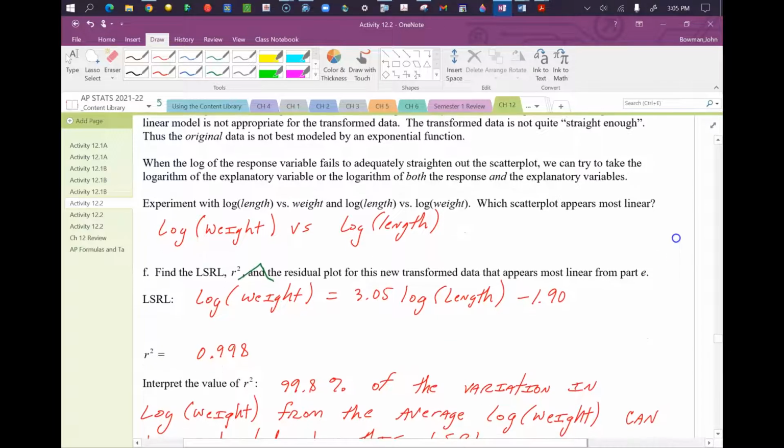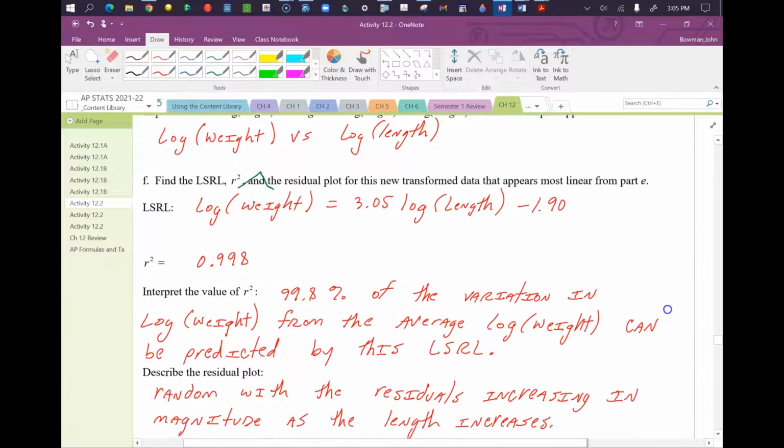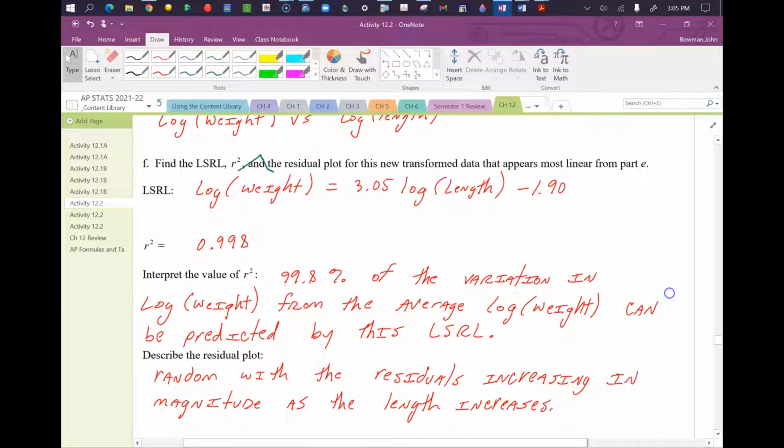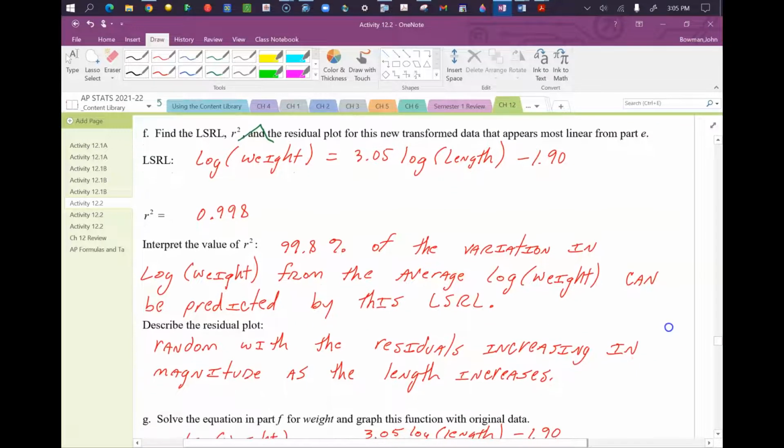If we were to interpret that r-squared value, we would say 99.8% of the variation in the log of the weight can be predicted by this least squares regression line. And if you look at the residual plot, it's random with a little bit of increase in the magnitude of the residuals as the length increases.